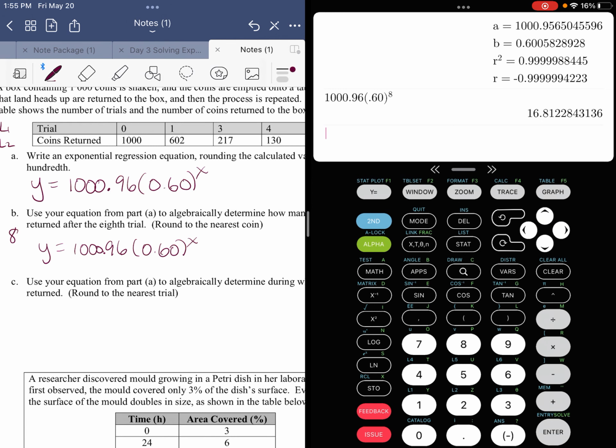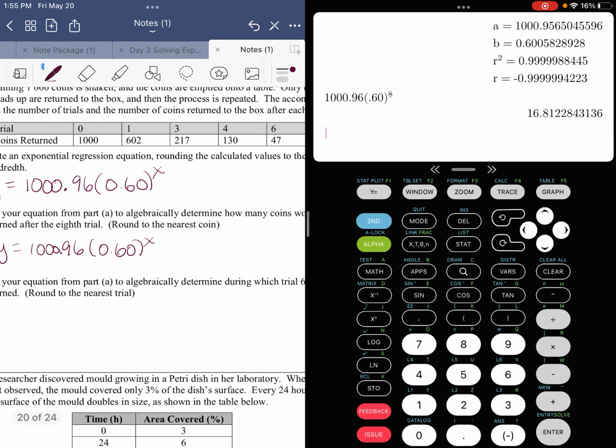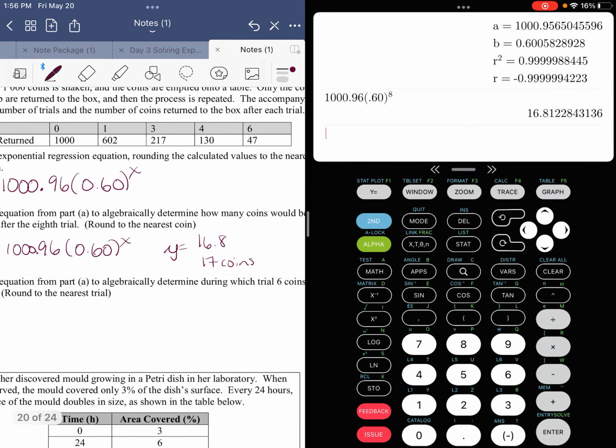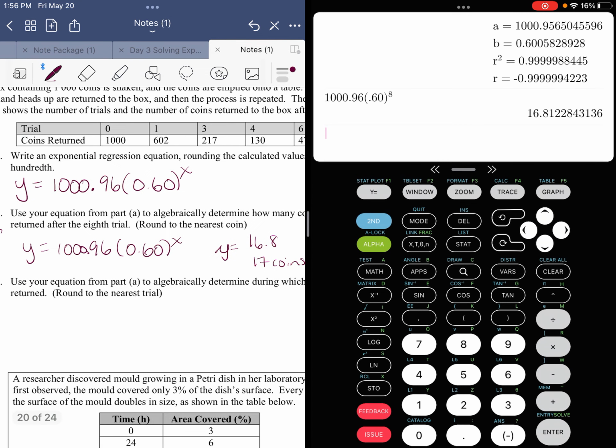And you're going to get 16.81. So our outcome here is y is 16.8, so that's going to be 17 coins if we're rounding that to the nearest coin. Using our equation from part A to algebraically determine which trial 6 coins are returned.